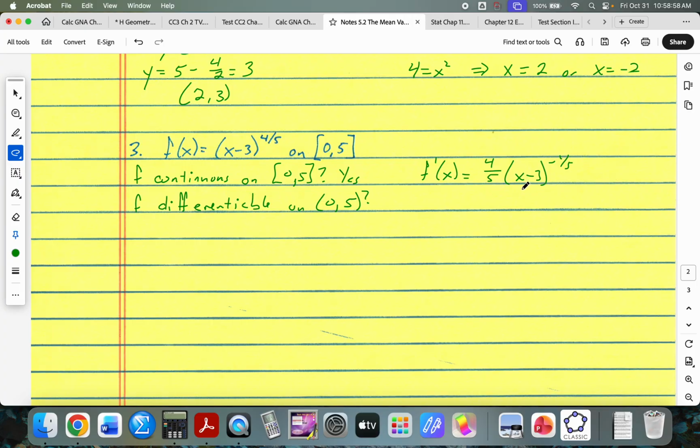Where does this function not exist? At x is 3. Smack dab near the middle of my interval, right? No. F prime at 3 does not exist. Therefore, the mean value theorem does not apply.